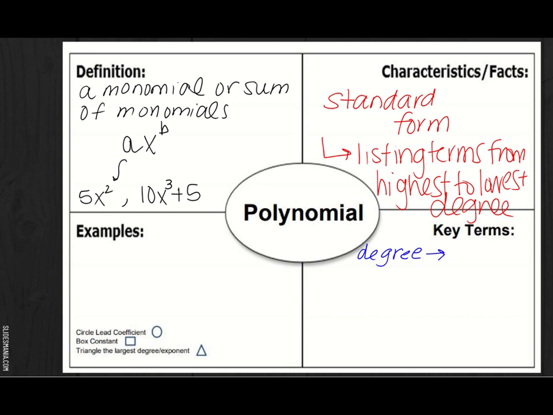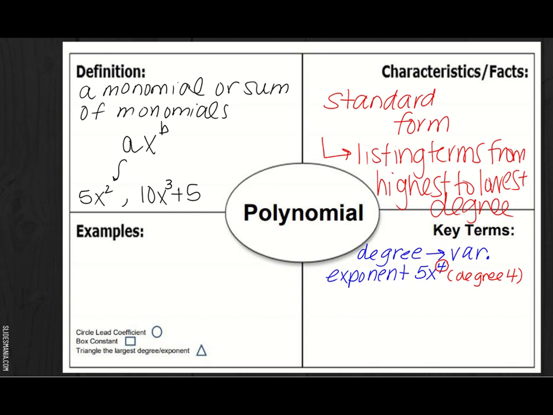A degree is essentially the variable's exponent. For example, if we had a term that was 5x to the fourth, the degree would be 4. So the degree is the variable's exponent.